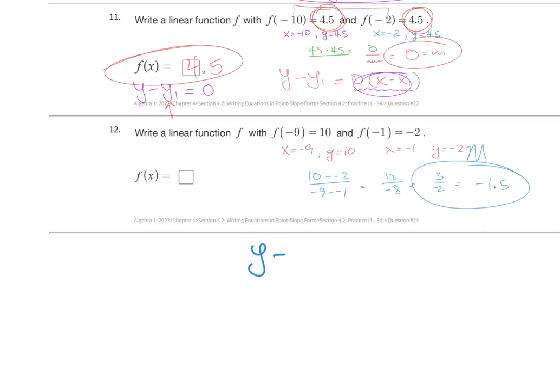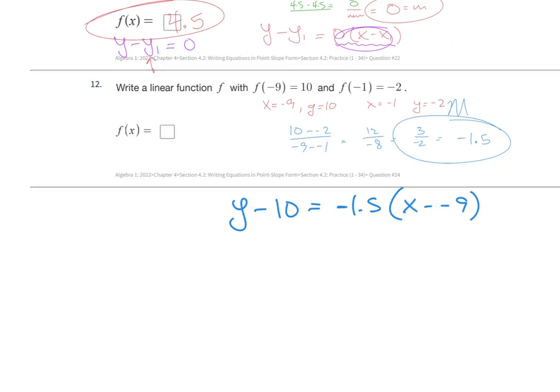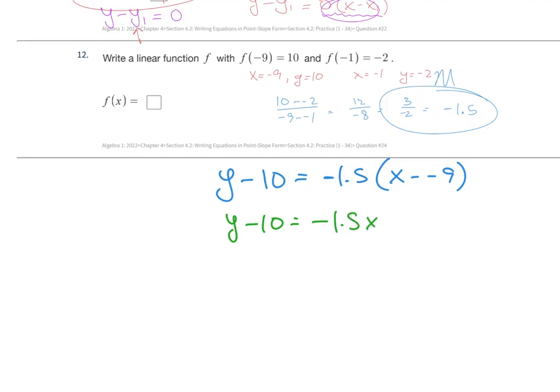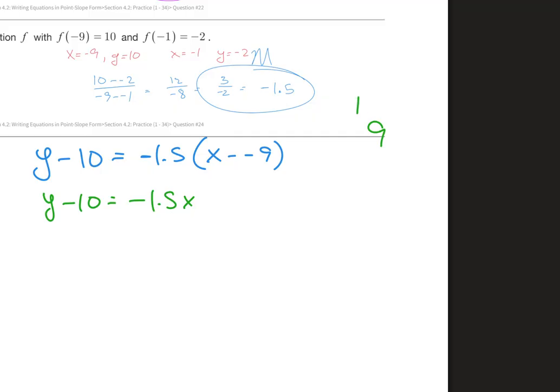Y minus 10, why not, equals negative 1.5 times x minus negative 9. Y minus 10 equals negative 1.5x. Okay, now I figured out why not, because I really don't want to do 9 times 1.5 in my head. Let's see. 1 times 9 is 9, and half of 9 is 4.5. That is negative 13.5.